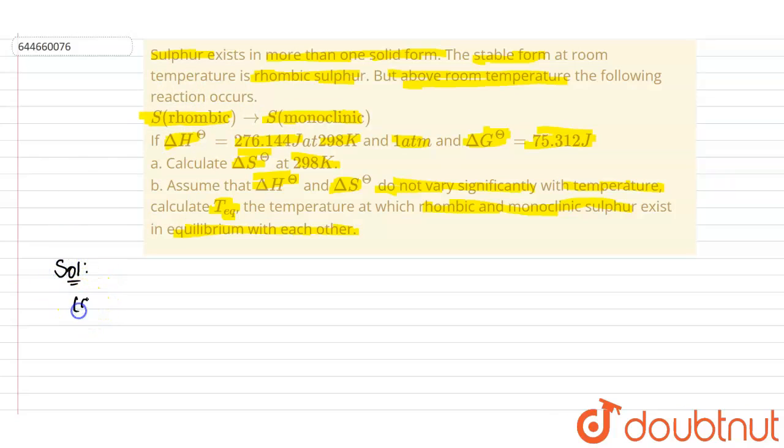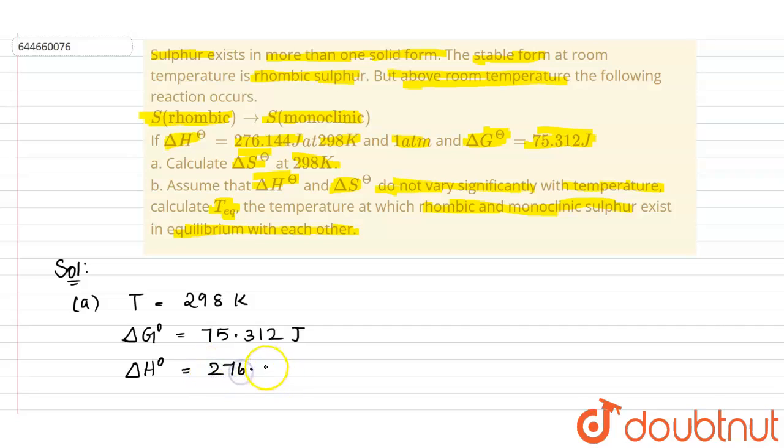The first one is to calculate the delta S value at 298 Kelvin. So the temperature here is 298 Kelvin, and the Gibbs free energy change value is 75.312 joule. Delta H is also given, that is the change in enthalpy, equal to 276.144 joule.